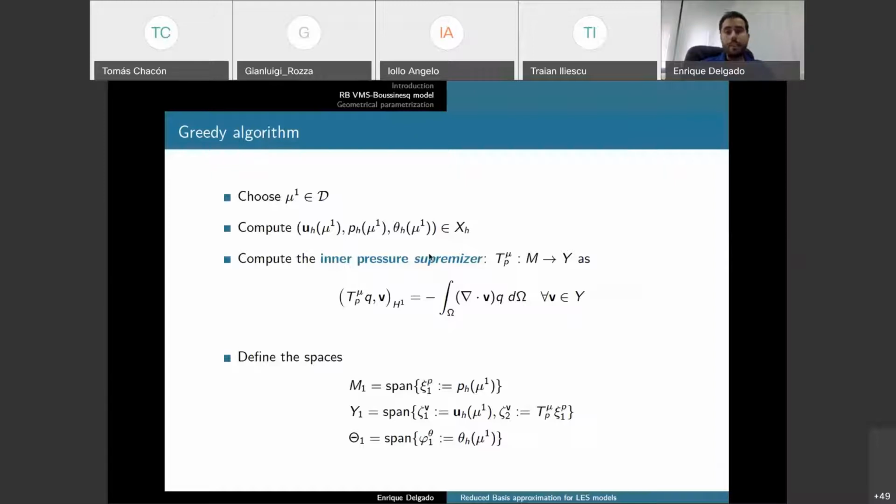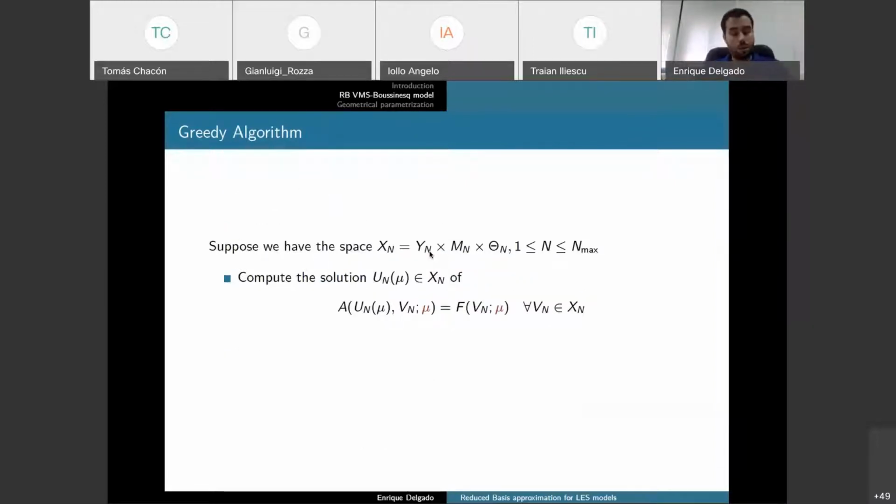So suppose that we have constructed a reduced basis space of dimension N, from 1 to N max, and we need to enrich our reduced spaces. First of all, we need to compute the solution of the reduced basis problem for these reduced basis spaces.